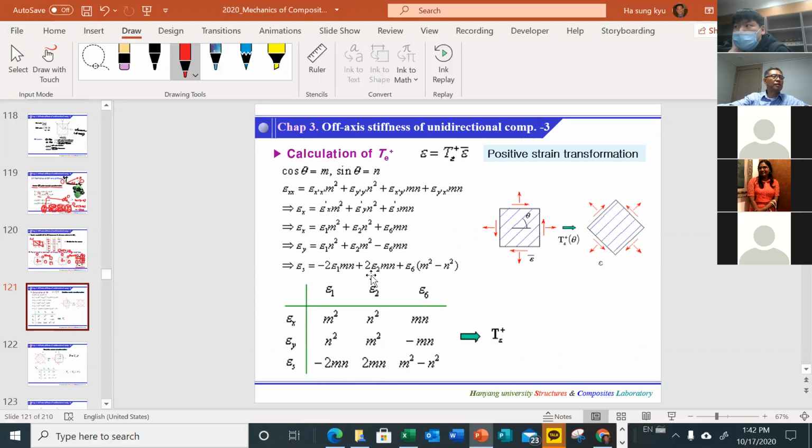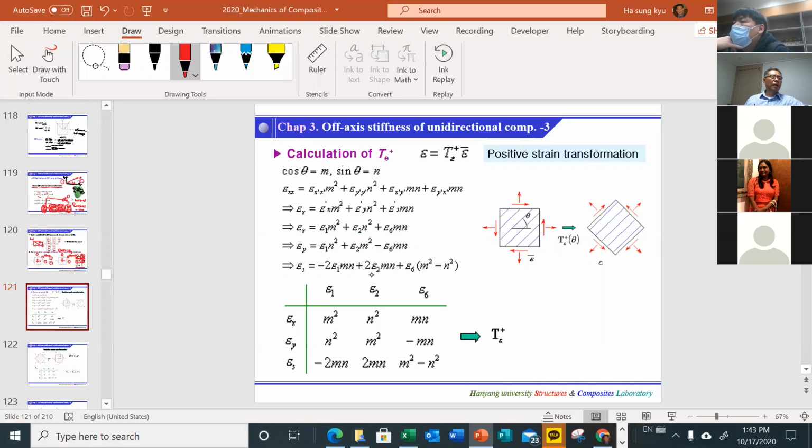Now, how about the strain? Well, strain, of course, has transformation rules, and we skip all the derivations. We just have the final form.